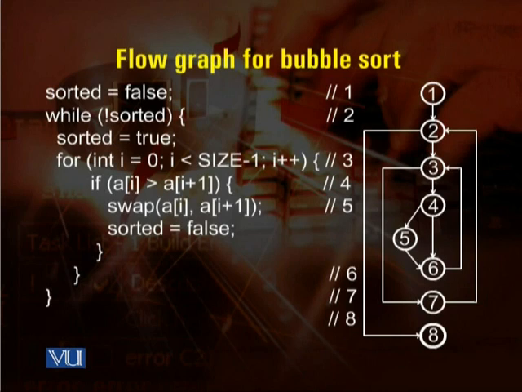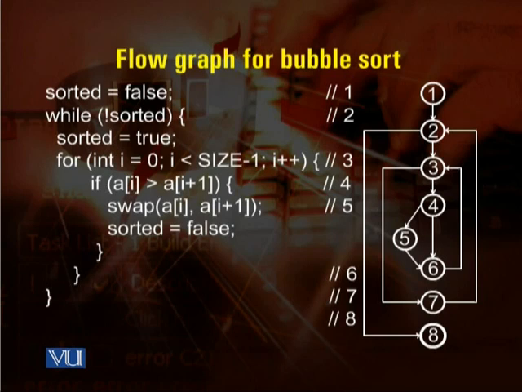If this check is false, then that will take us to the outside of the for loop and to statement number 7, or position number 7, which is the end of the while loop, which will take us back to the start of the while loop, and we will check this condition for sorted again.